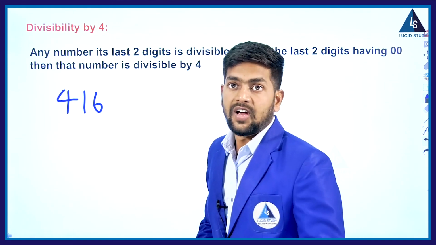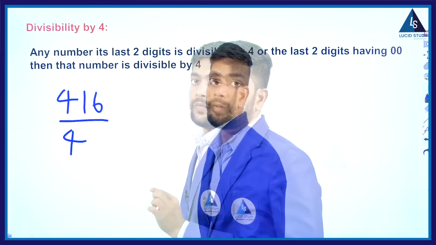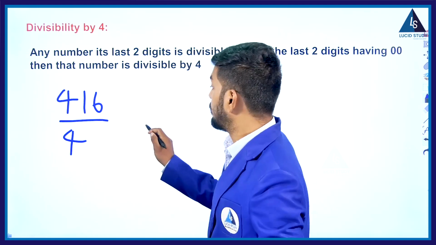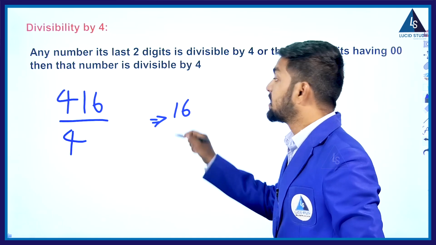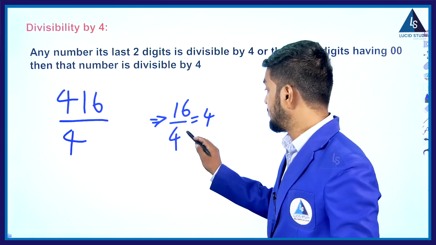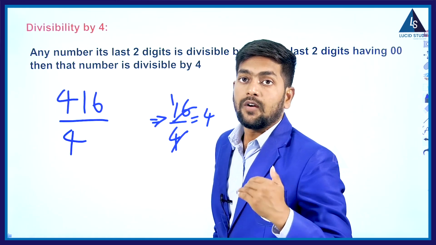Here we are taking 416. 416 is divisible by 4. For this number, the last 2 digits are 16, and 16 is divisible by 4. 4 fours are 16. So this number is divisible by 4.